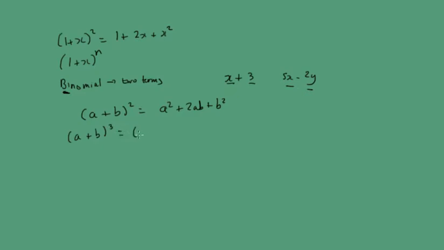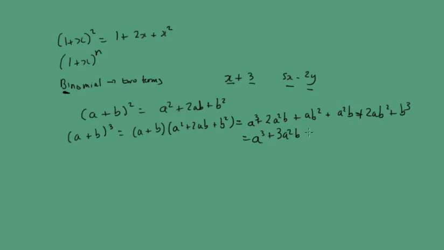We can do (a + b) times (a squared + 2ab + b squared), and we get a cubed + 2a squared b + ab squared + a squared b + ab squared + b cubed, which simplifies down to a cubed + 3a squared b + 3ab squared + b cubed.